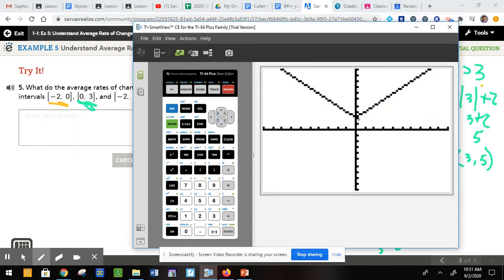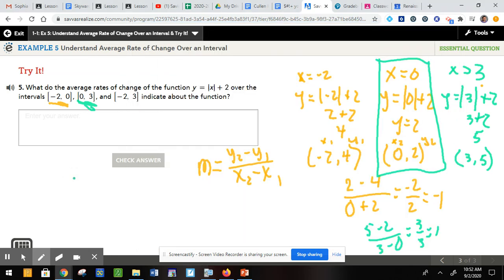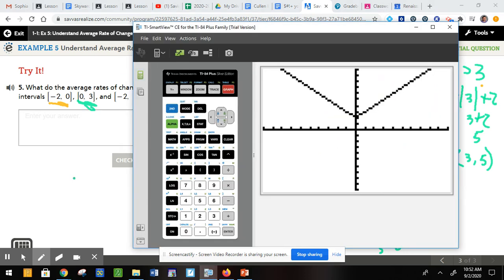From an x value of 0 to an x value of 3, that part of the function is going up with a slope of 1. What that can also tell you, when it asks what does that indicate about the function, is that since you have different average rates of change for different intervals, it's not a line, it's not linear. Well, we kind of knew that by looking at it, but that's just the confirmation that it's true.